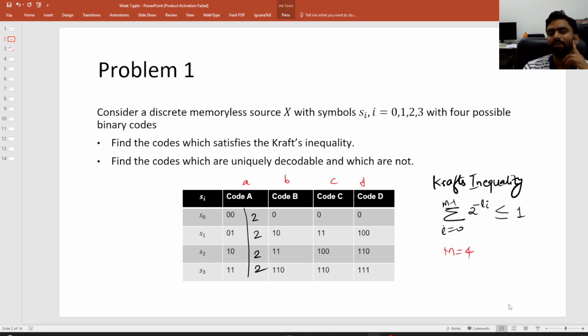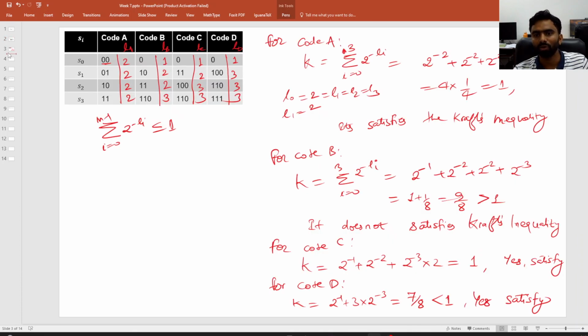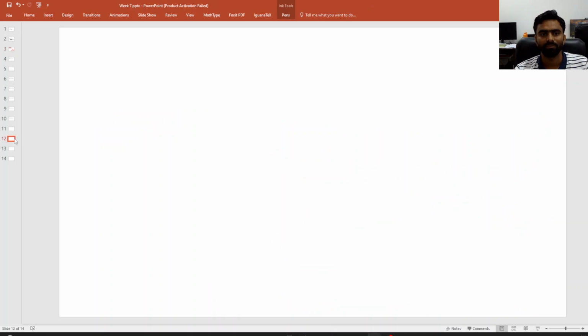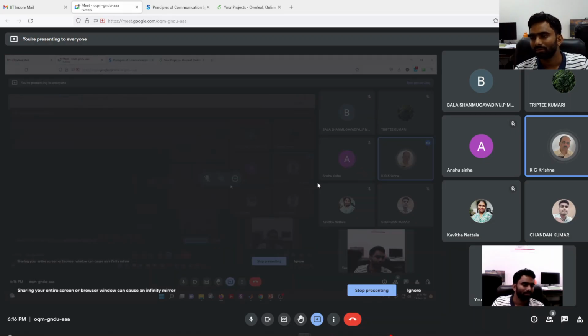So how to find whether the code is uniquely decodable or not? How can you find whether a code is uniquely decodable or not? One code should not be a prefix of another code.